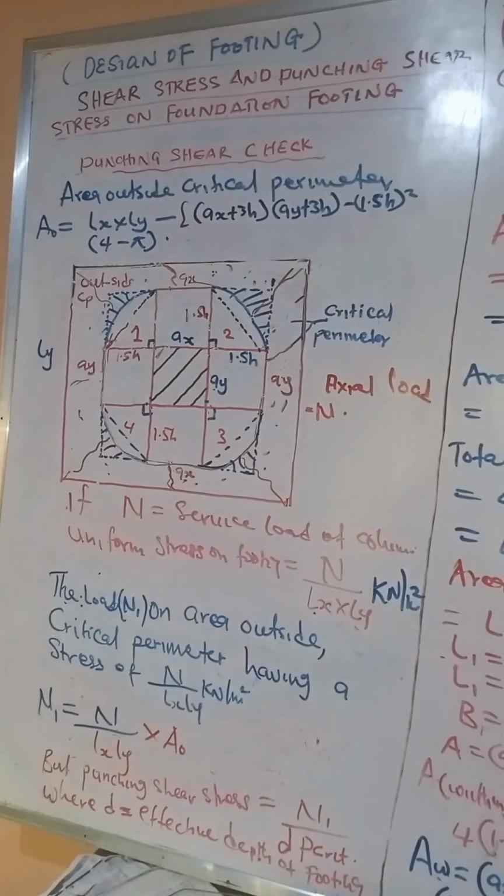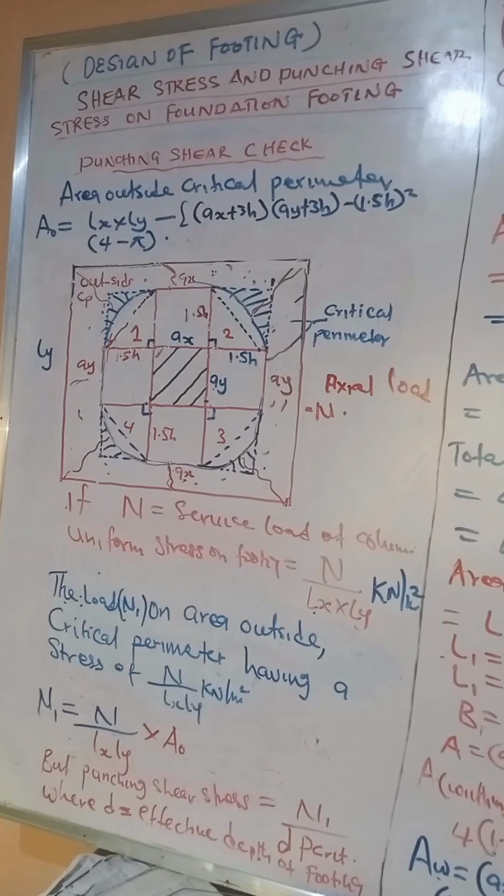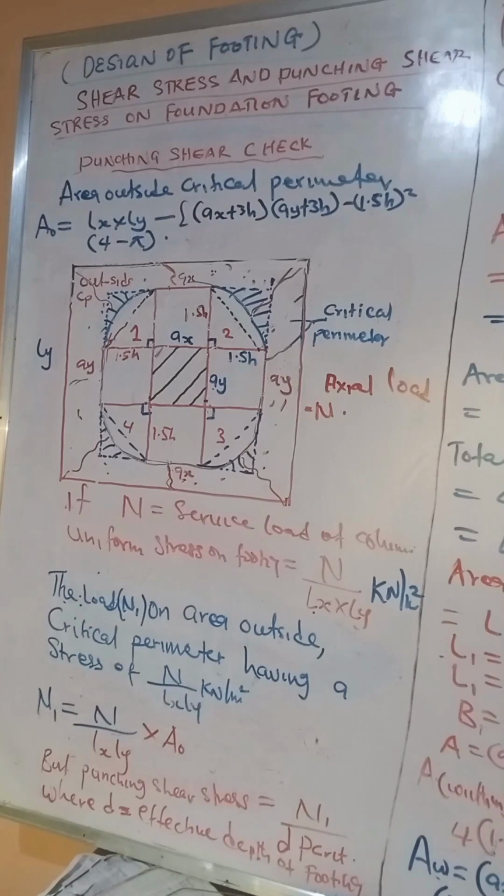All right, so we look at the area outside the critical perimeter. That area is the area we're interested in. The total stress acting on the entire footing is N over Ls times Ly in kilonewton per meter square.